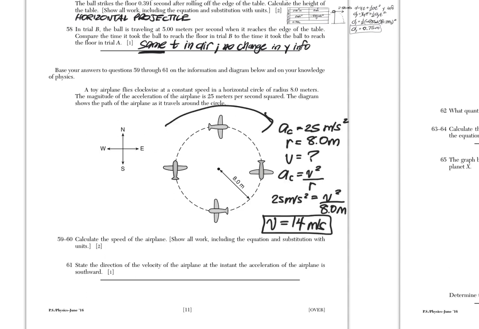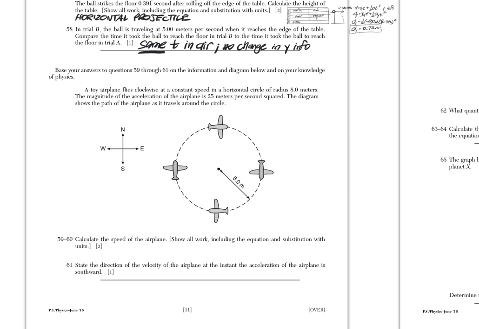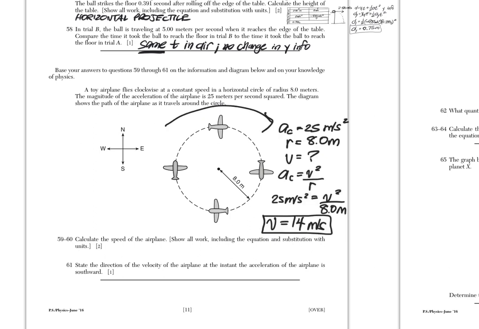All right, what is the direction of the velocity when the acceleration is south? Well, let's remember that the acceleration is always pointing inwards. So the acceleration is always inwards for the plane, and then looking at the compass, south would be the top position.